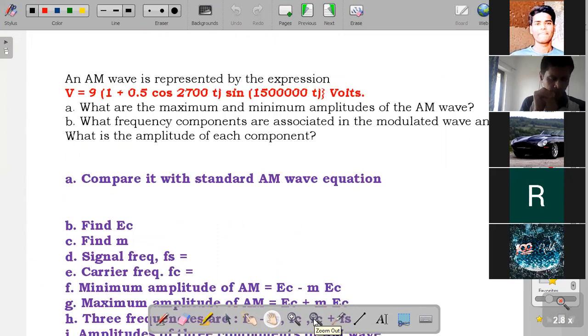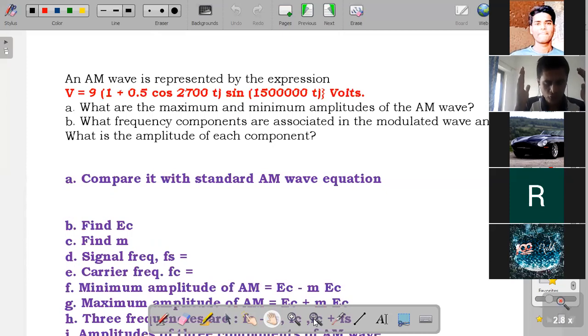dear student, the question is, an amplitude modulated wave is represented by the expression V equal to 9 into bracket 1 plus 0.5 cos of 2700 t into sine of 1500 kilo t, that is 15 lakh t, bracket complete, measured in volts.